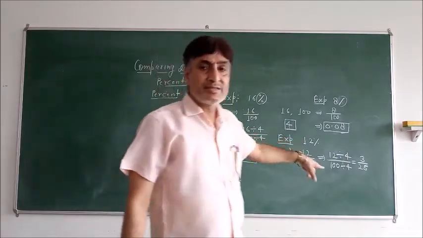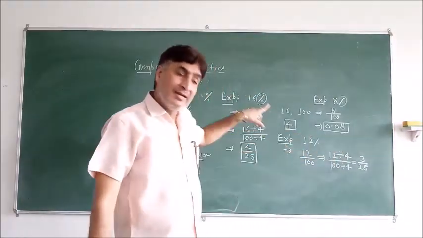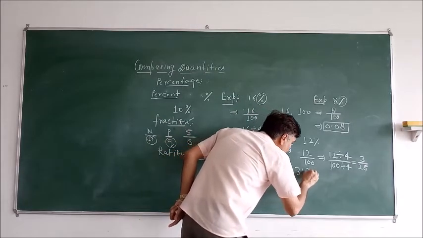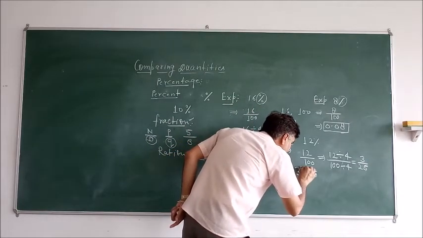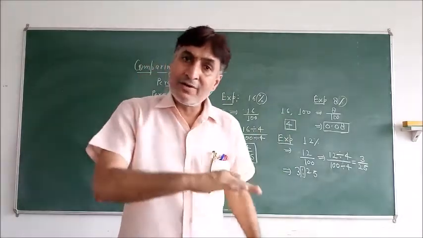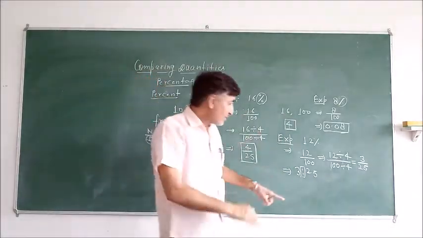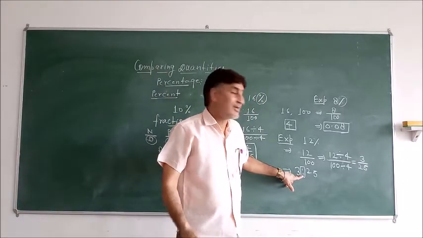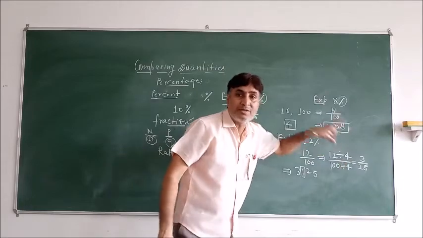And this fraction can be written as a ratio like this, 3:25. This is the symbol representing ratio. When we convert this ratio into a fraction, this symbol is converted into the sign of division and it becomes 3 upon 25.